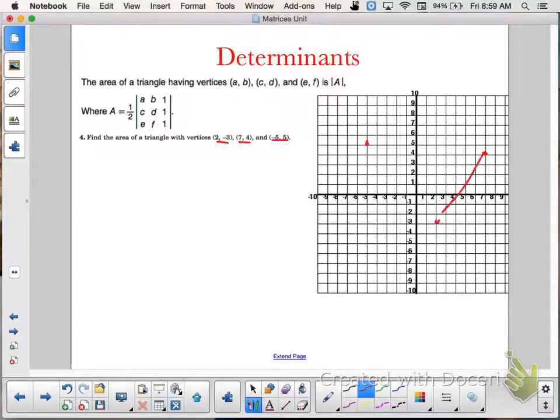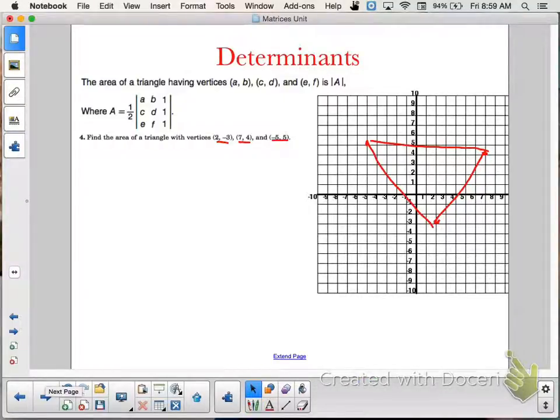And if I draw a triangle connecting all those dots, it won't look great because I'm not an artist, but you can tell that it would probably be a little bit difficult to figure out exactly what the height of that is because we're not exactly on all of the lines of the grid. So what we can do is use a determinant to figure out what that is. The area of a triangle has these vertices.